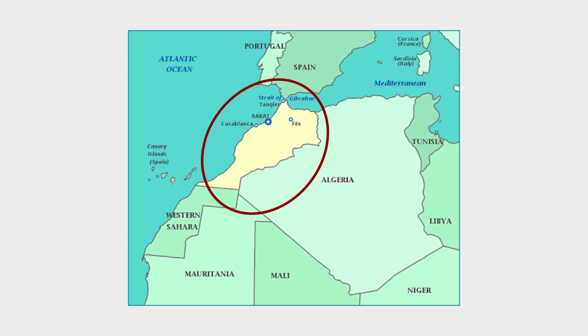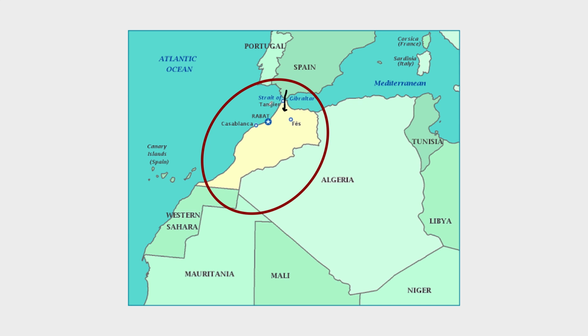So this is where it's located, right here. So we did talk about Algeria before. So they border each other right here on the edge of the water. So as you can see, Morocco is a lot of coastline here and is very close to Spain. So the culture kind of trickles down a lot of times from Spain.